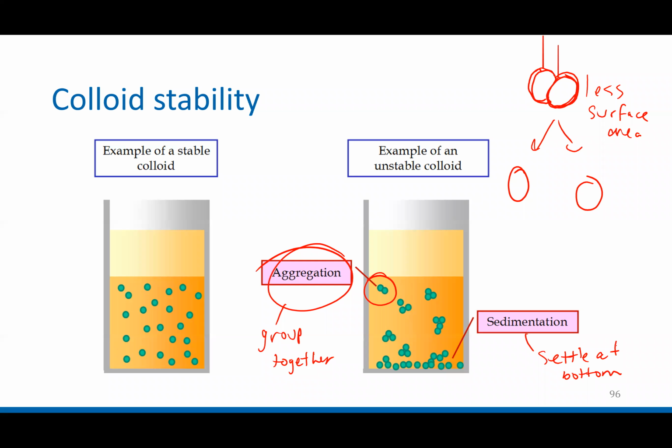Over time some of these molecules can settle, almost like a precipitate, at the bottom. So remember, the key for a colloid is that all of the molecules should be suspended in the solution. Two ways to break that are if they group together or they settle at the bottom. And you need to know that, wink, wink, wink.